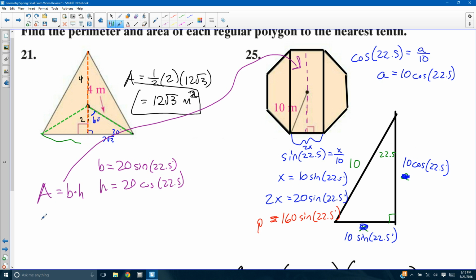So total, your area of the rectangle is 20 sine 22.5 times 20 cosine 22.5, which is 400 times sine of 22.5 cosine 22.5.